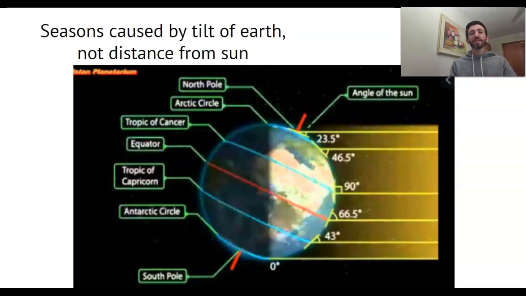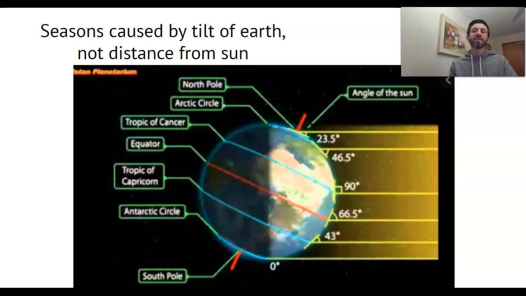Another big reason is because of the tilt of the earth, which just cooperates with the fact that the earth is heated unevenly. Now, the reason why we get seasons is not because, oh, when we're over here on this part of the sun, the bottom is closer, so it's warmer. And then on the other side, the bottom is farther away, so it's colder. It has nothing to do with distance, okay? The distance change really doesn't affect the amount of heat that we receive very much.